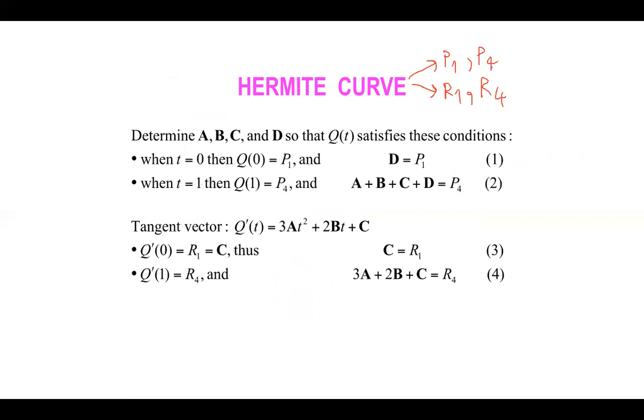Then, as I just showed you, we have to determine A, B, C, D here. And Q(t) is a Hermite curve.